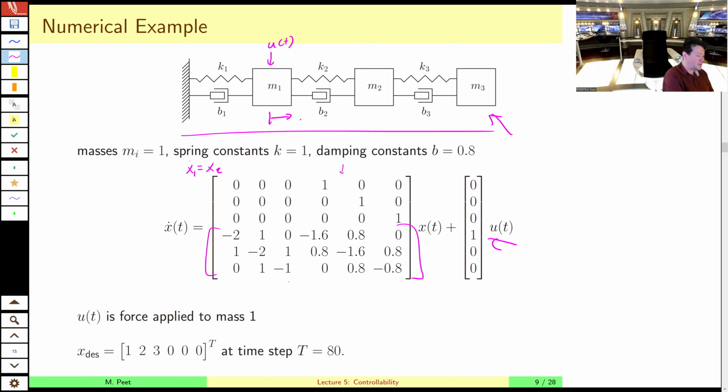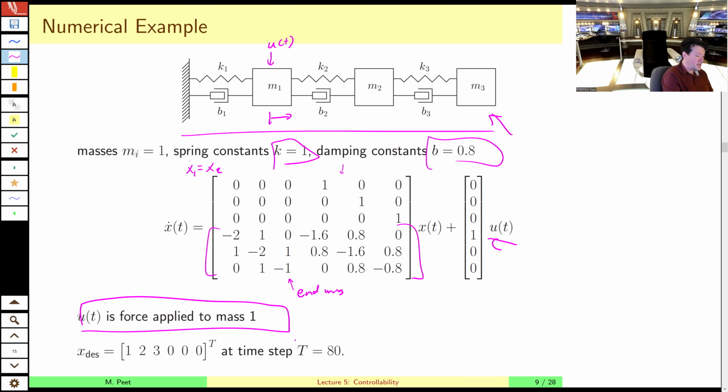Oh yes, it applies to mass 1, it says so right here, because there's a 2 here and there's a 1 here. This is the end spring, end mass. We have some damping constants and a spring constant here. And we desire to reach a particular state, somewhat arbitrarily chosen as 1, 2, 3, because why not?